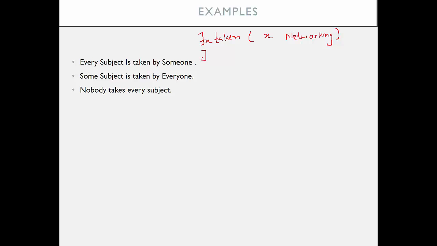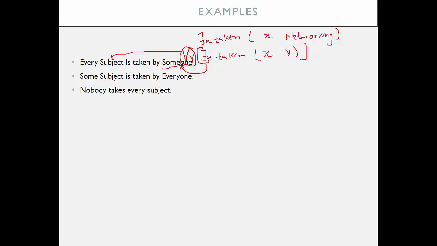So this remains as it is. This becomes a variable y. And outside this, we will have a universal quantifier, which is for all y, which means every subject is taken by someone. So this represents every subject, and this represents someone.